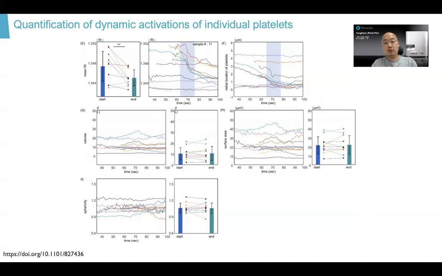So as you look at figure E, you can see the mean refractive index decreased significantly in some of the representative platelets, indicating that the cells are decreasing their concentration and increasing the volume and forming the spread-like morphological fluctuation.